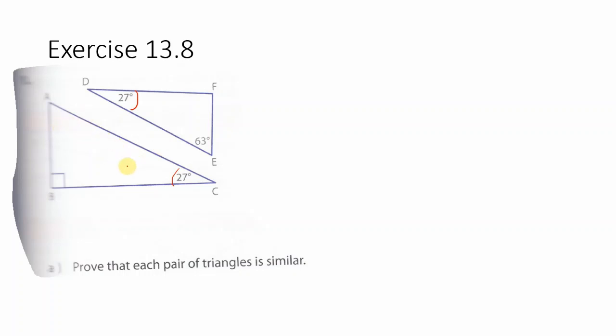Since we don't have lengths of sides but only angles, we will probably have to show that angle, angle, angle applies in this case. So we already have one angle. In this triangle we have two of the three angles.